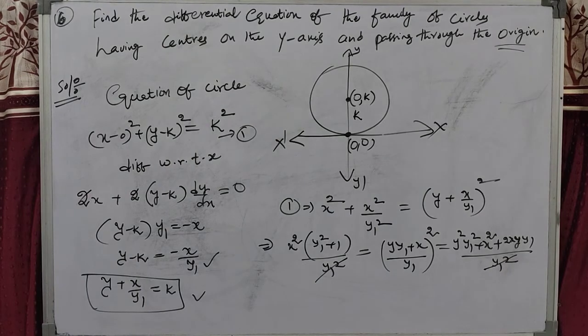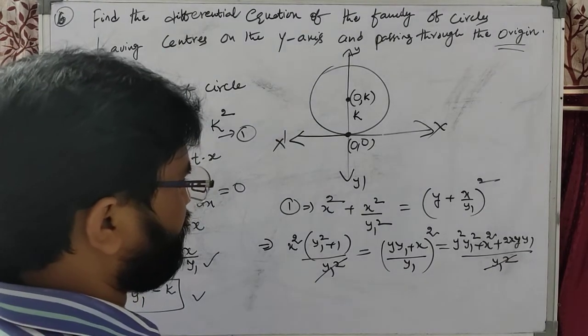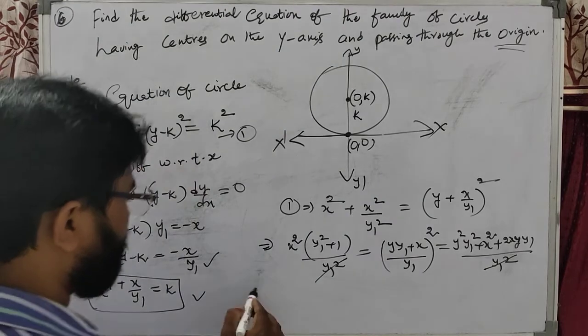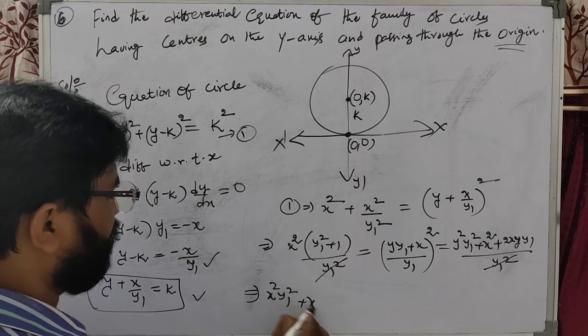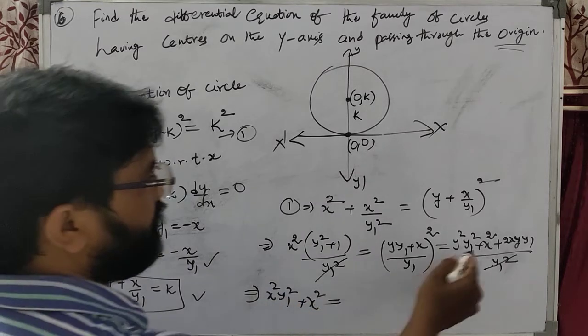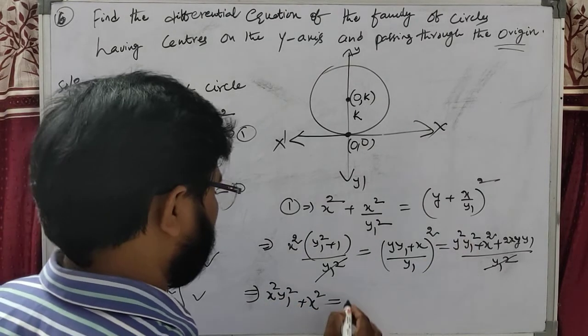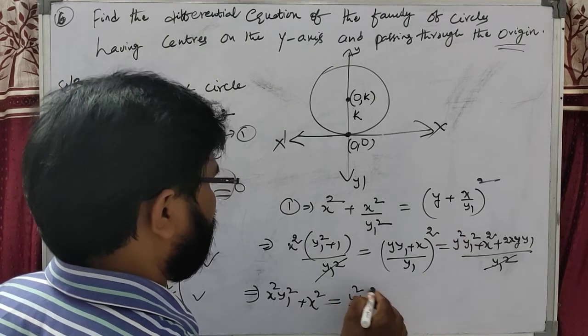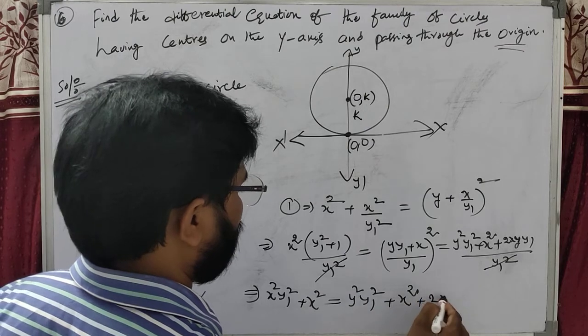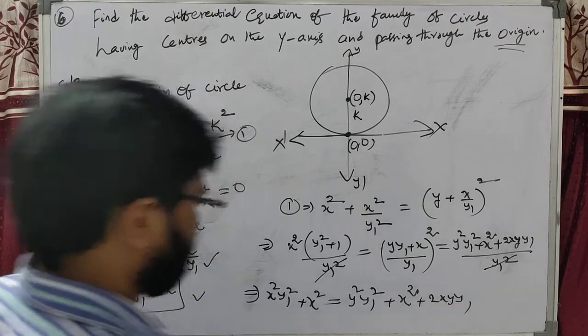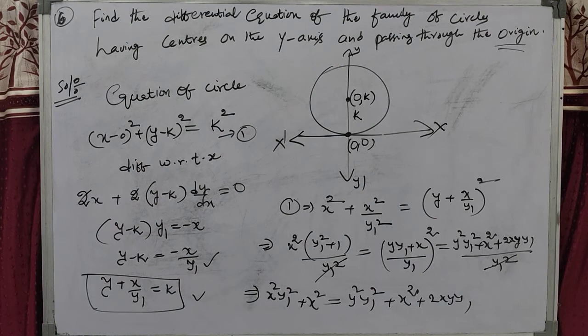Now we observe what we got: x² y1² + x² equals y² y1² + x² + 2xy y1.